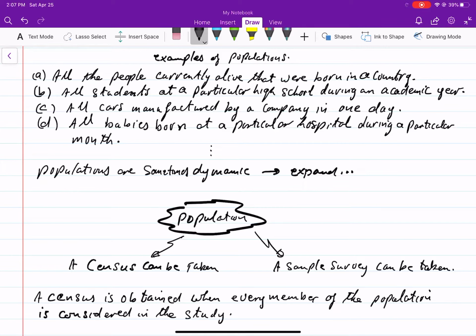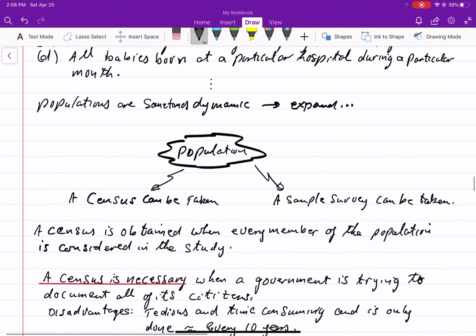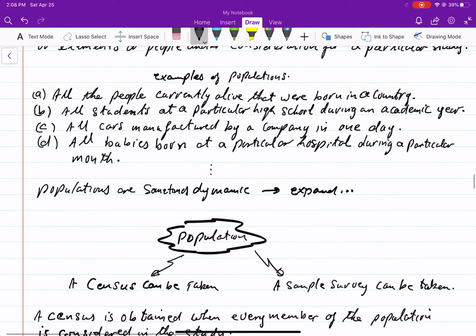The sampling frame for that population would not be accurate at a particular point in time. We'll explain what sampling frame means a little later on. So they're sometimes dynamic. The second case, it's not that dynamic. The students at a particular high school during an academic year, maybe 1 or 2 students may drop out of school for that particular year.